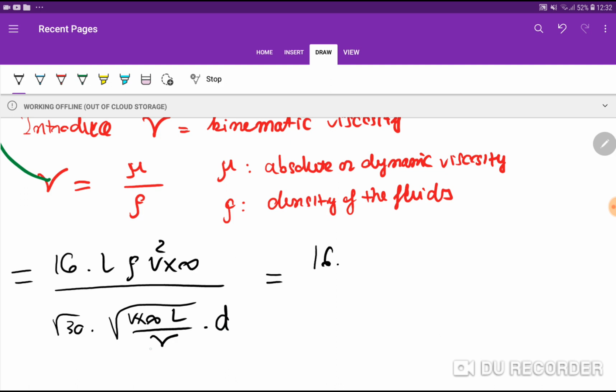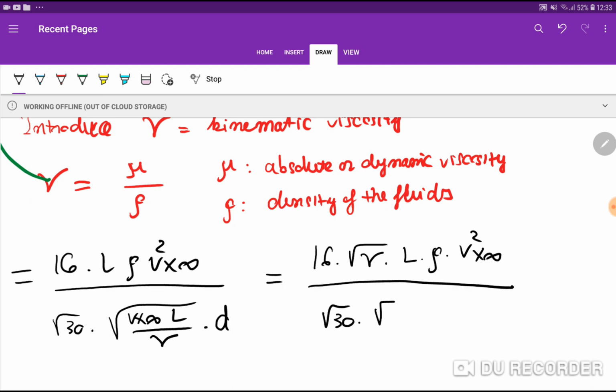Since square root of veta is in the denominator, I can put it up, or you can say times both denominator and numerator for square root of veta. So you get 16 times square root of veta times L times rho times Vx infinity square over square root of 30 times square root of Vx infinity times square root of L times D.